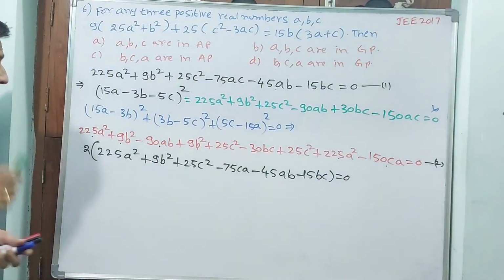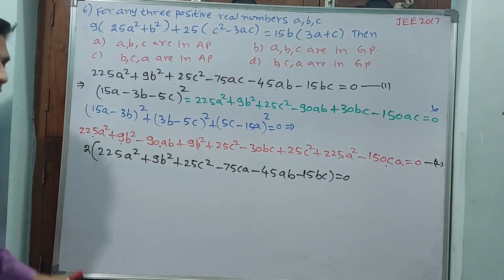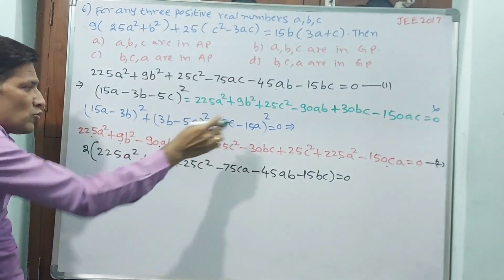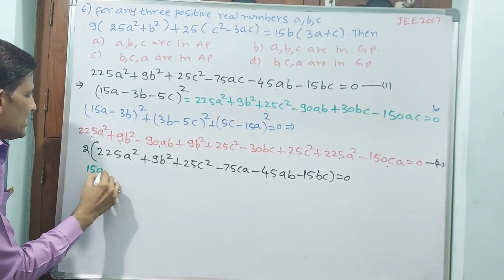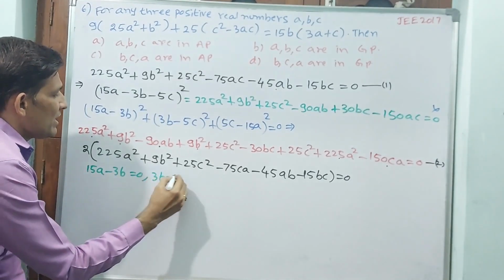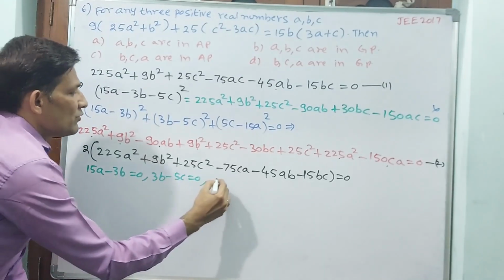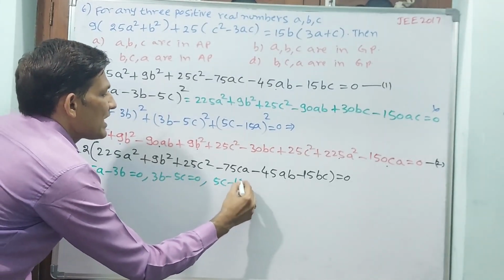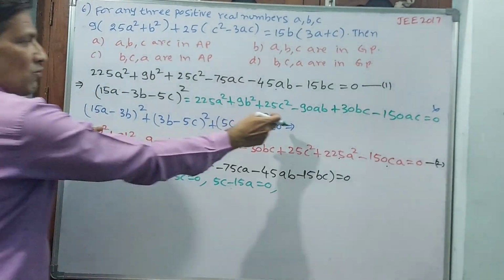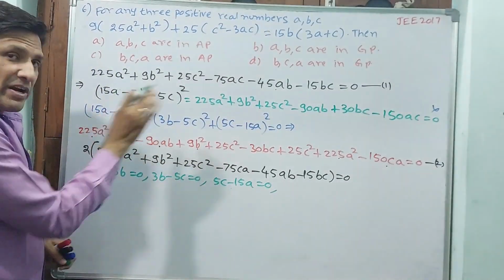Now what we have to do? This whole expression is equal to 0, so each term you equate to 0. That means 15A minus 3B equal to 0, 3B minus 5C equal to 0, 5C minus 15A equal to 0. See, overall 0. When is it going to become 0?